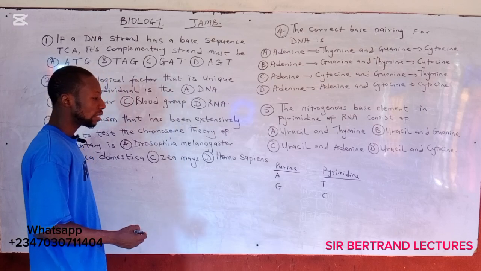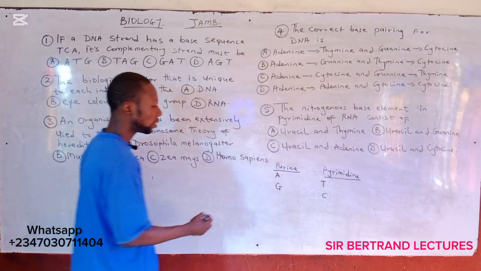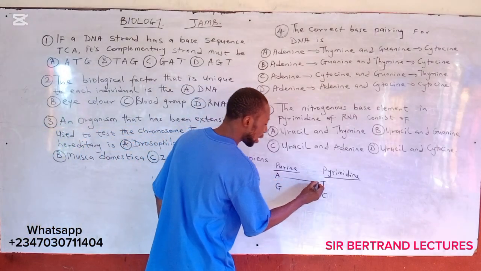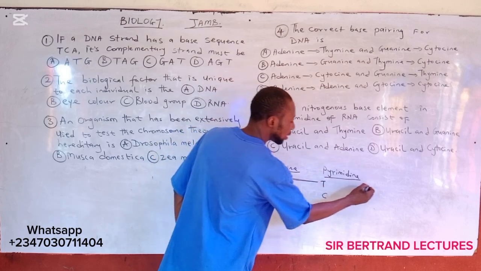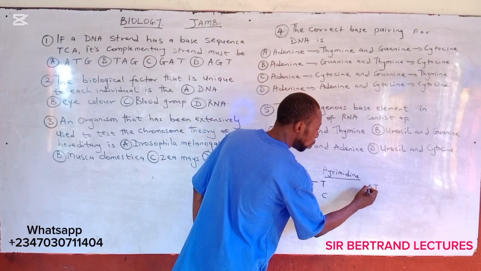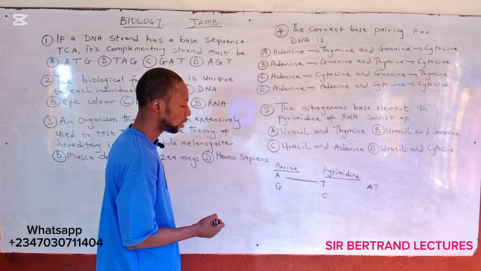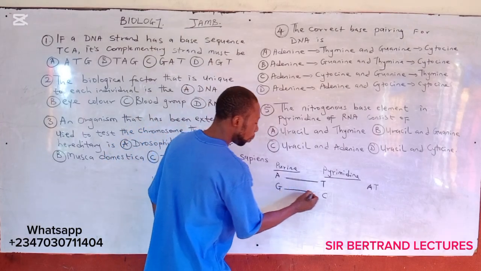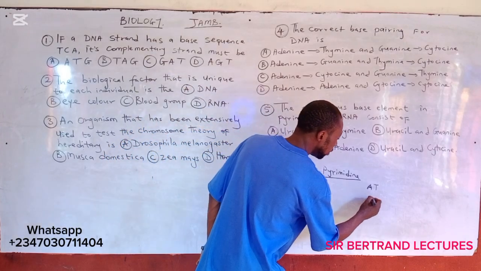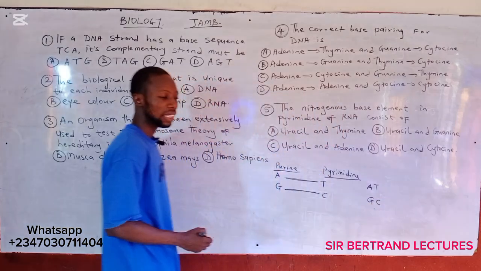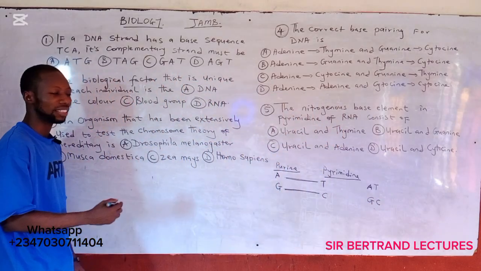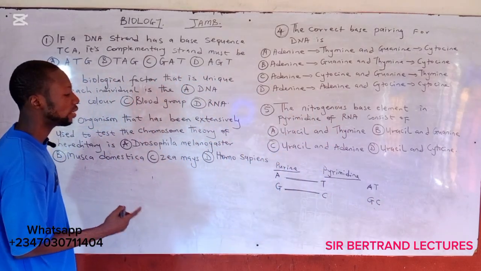Then I told you their base pairing sequence: adenine must pair with thymine to form AT, and G will pair with C to form GC. That is the base pairing sequence.